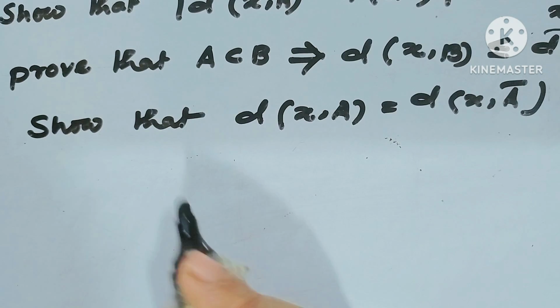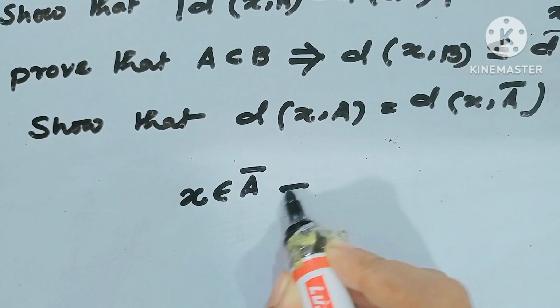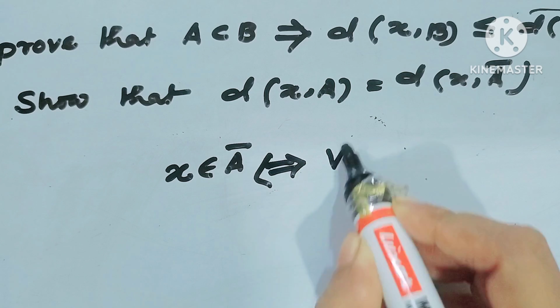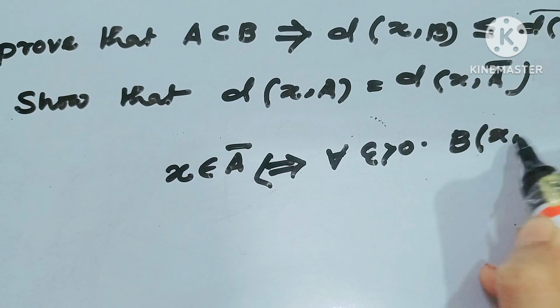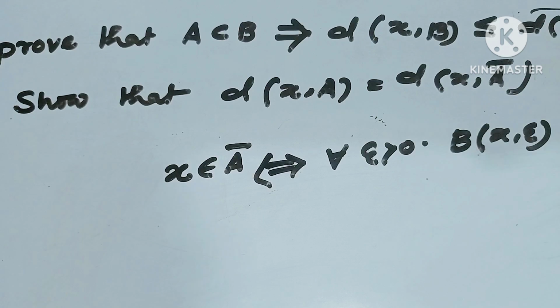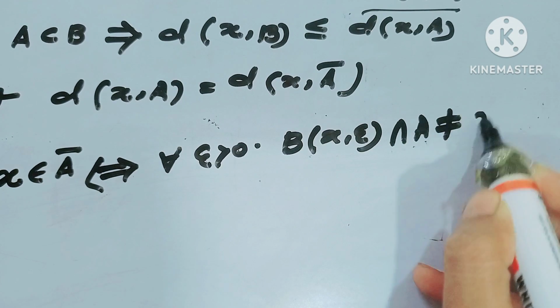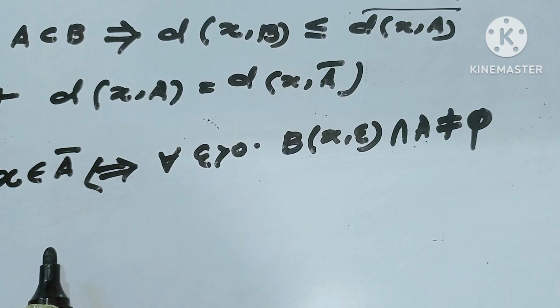This is a very easy proof by definition. x belongs to A closure means, and this is an if and only if condition, for all epsilon greater than 0, B of x epsilon intersect A is not equal to the empty set. This is the definition of closure.